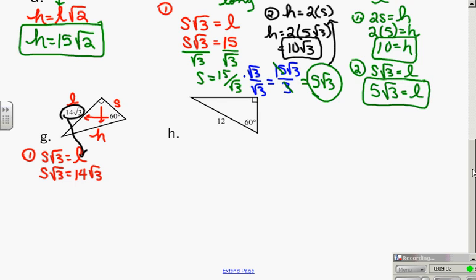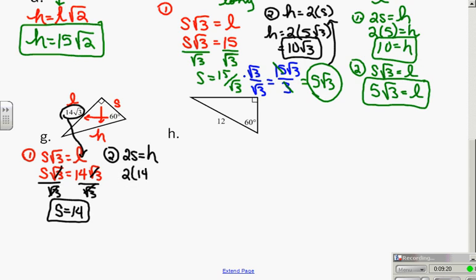Substitute in what I know. The short leg times the square root of 3 equals 14 square roots of 3, because that is given. Divide both sides by the square root of 3. Cancel, cancel, and s is equal to 14.